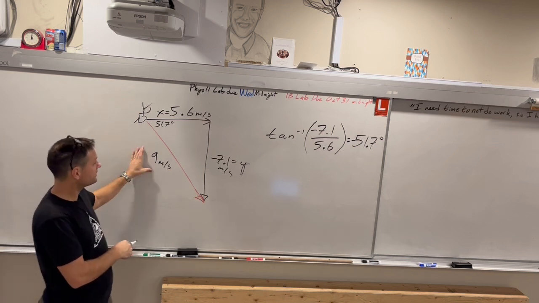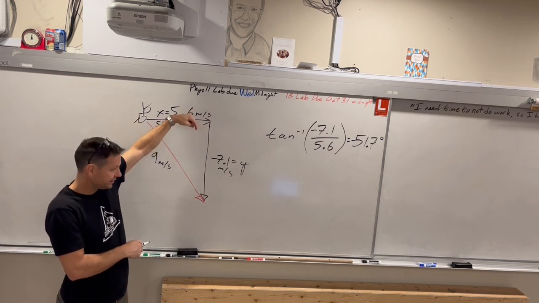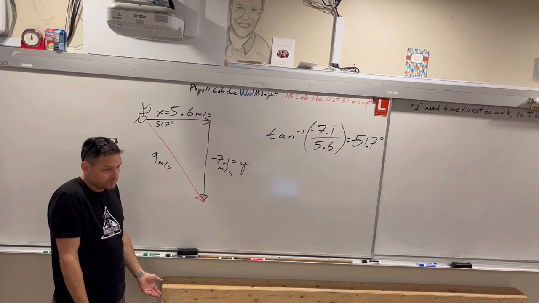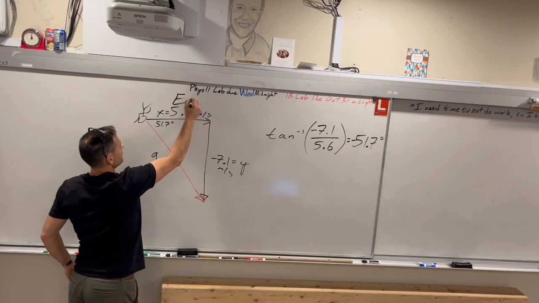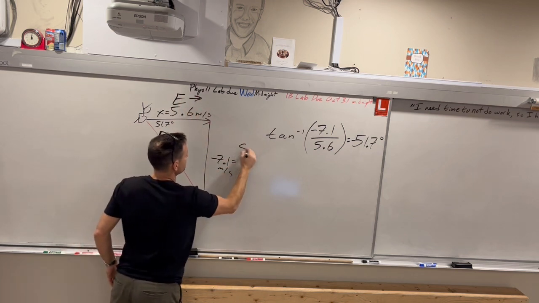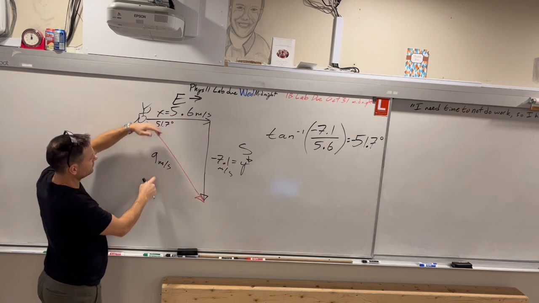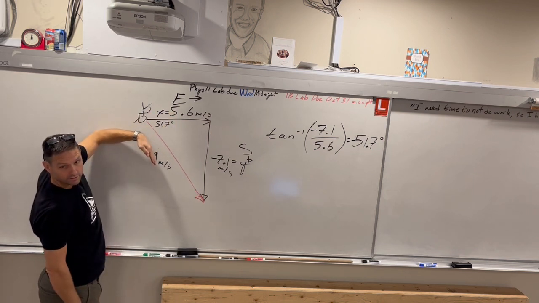Yeah, this is partly positive and partly negative. So this is not a binary thing. Right? If this were east, towards the east, and this were south, then this would be 51.7 degrees south of east. That's what we write down.